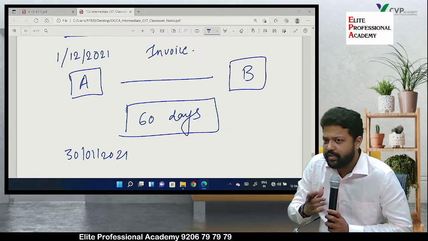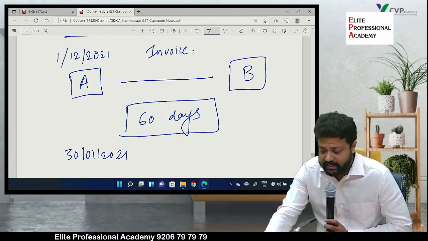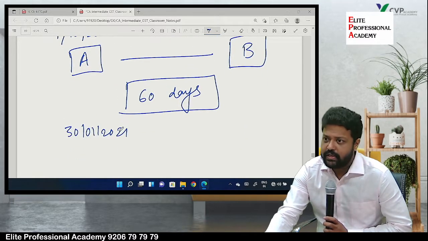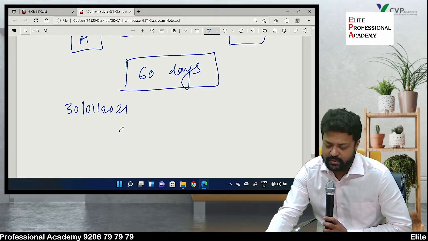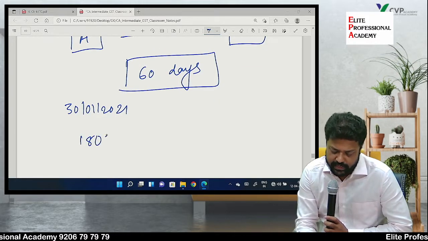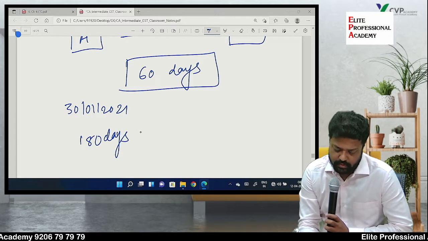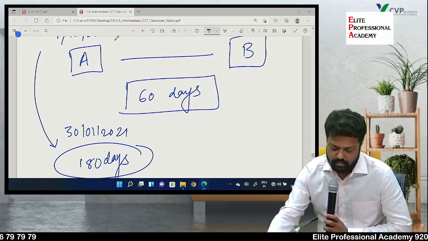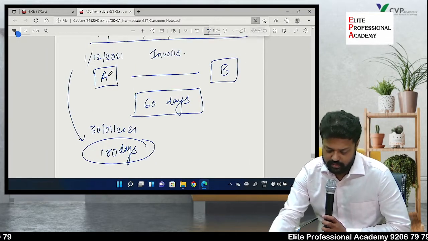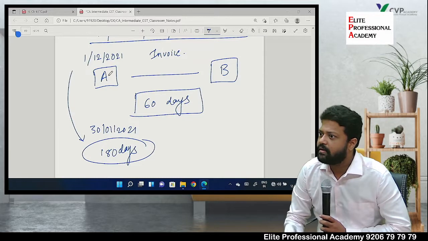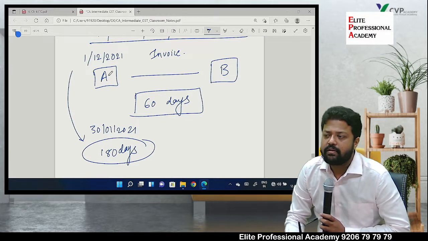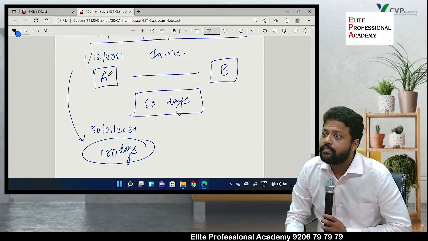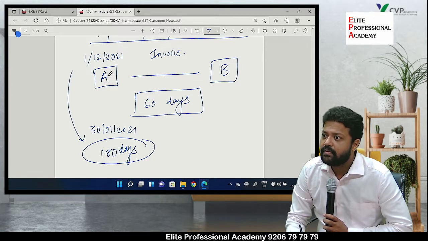What has GST to do with this? So GST, now this continues for another few months. So let's calculate 180 days. 180 days from the date of invoice. What is the date? 31st May. 28th May, 29th May.